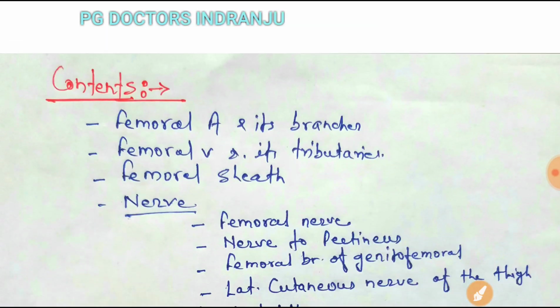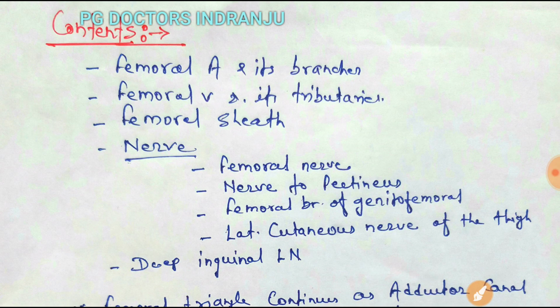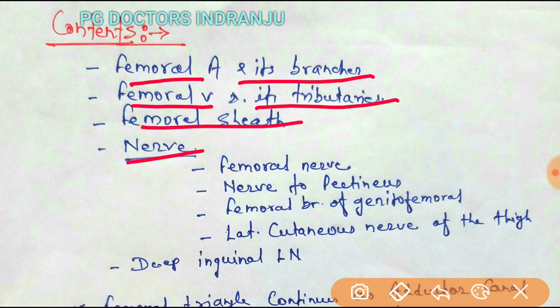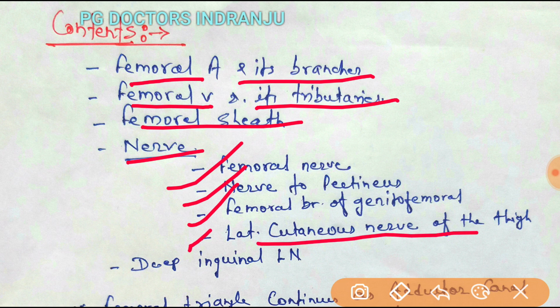The contents of the femoral triangle are the femoral artery and its branches, the femoral vein and its tributaries, the femoral sheath, and the nerves: the femoral nerve, nerve to pectineus, the femoral branch of the genitofemoral nerve, and the lateral cutaneous nerve of the thigh, and deep inguinal lymph nodes.